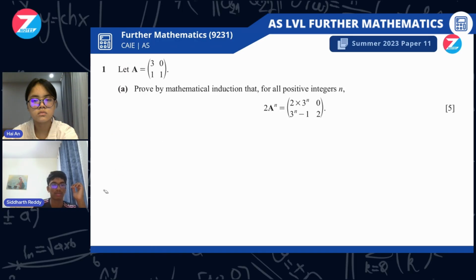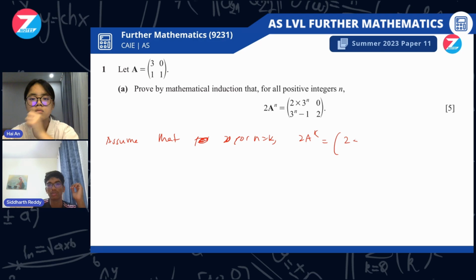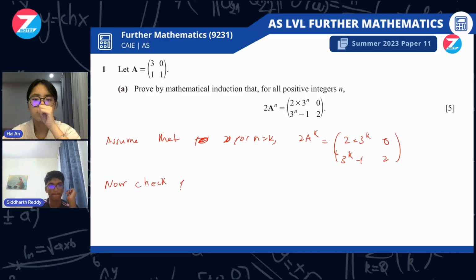So the statement we have to write is this: assume that for n equal to k, 2A to the power k is equal to (2 times 3 to the power k, 0; 3 to the power k minus 1, 2). And now what we do is check for n equal to k plus 1.